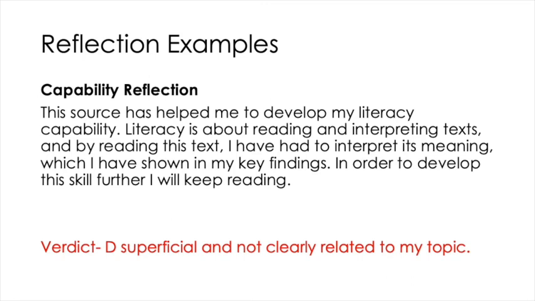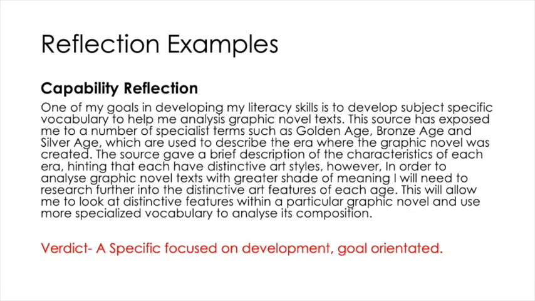So let me give you the A sample here just to take you through. Okay, here's the difference. This is what I should be seeing in a good capability reflection. "One of my goals in developing my literacy skills is to develop subject-specific vocabulary to help me analyse graphic novel texts. This source has exposed me to a number of specialist terms such as [example], which are used to describe the era where the graphic novel was created.